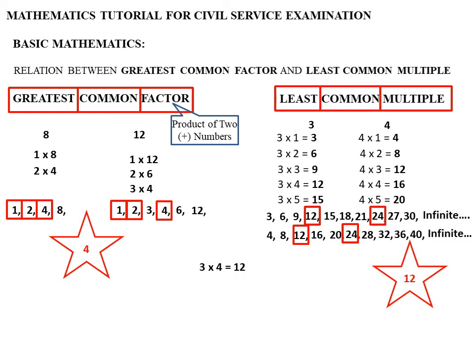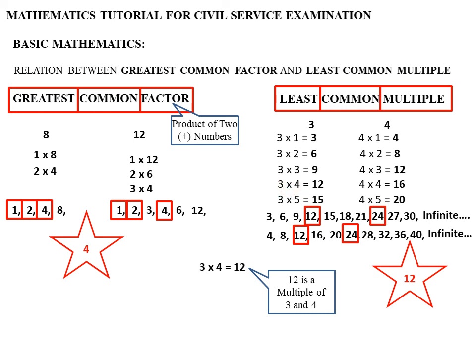From this equation, 12 is a multiple of 3 and 4.